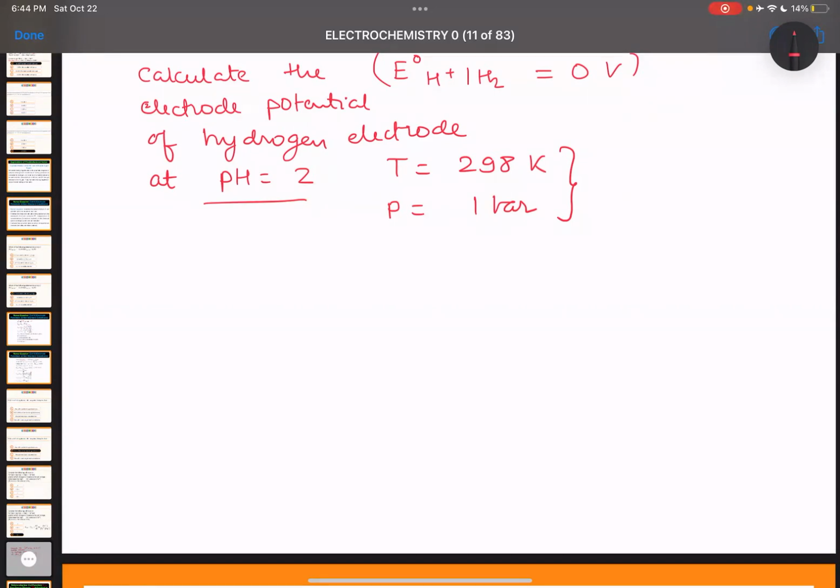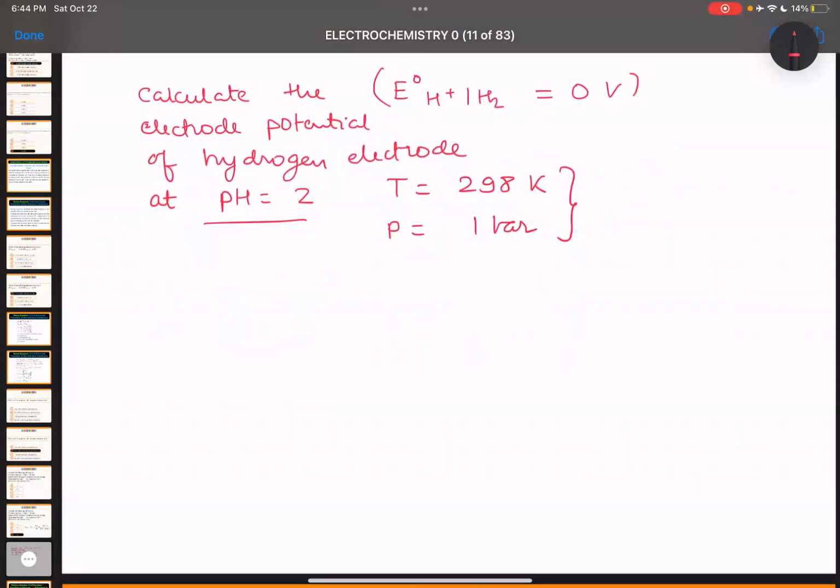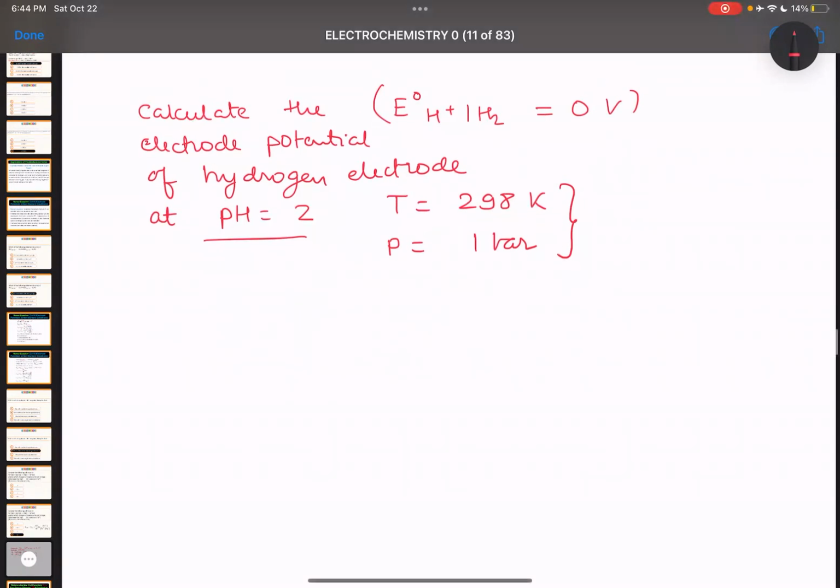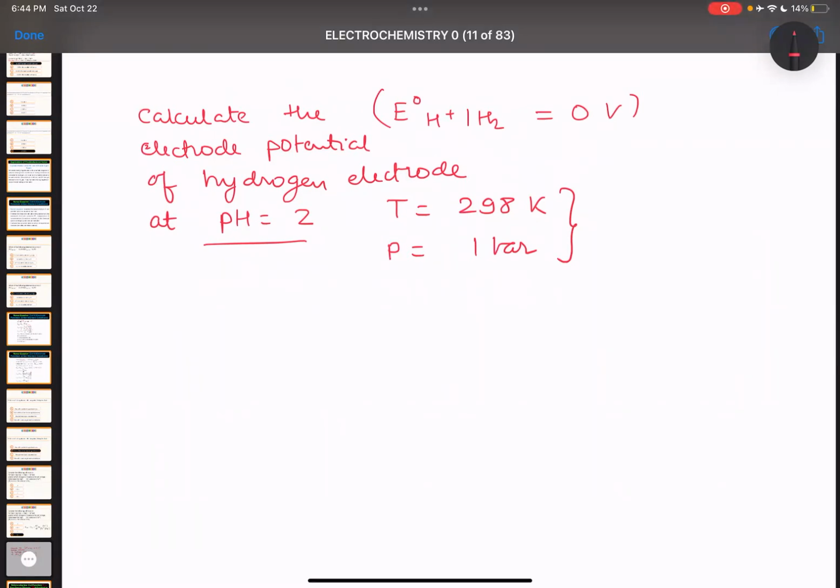What is the electrode potential of the hydrogen electrode at the given temperature and given concentration? But the concentration is not given actually. They have given the pH. I hope you understood the question. So just try it.